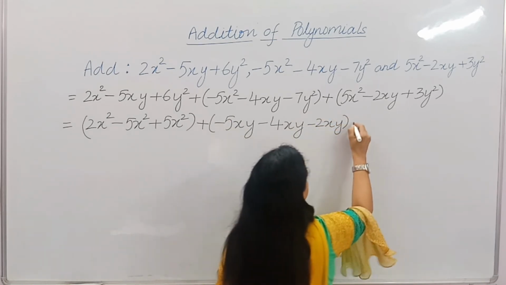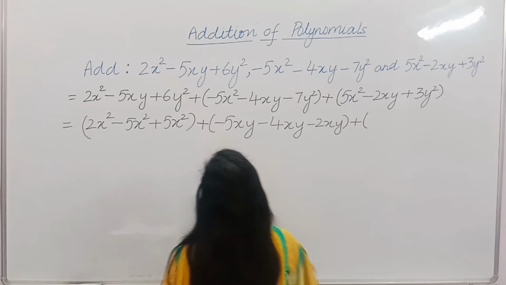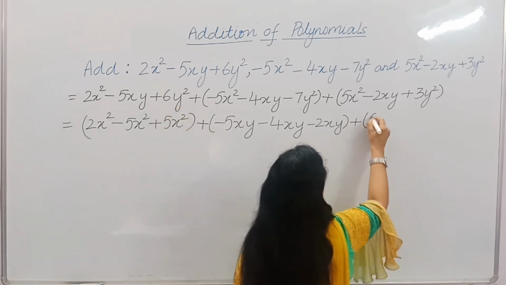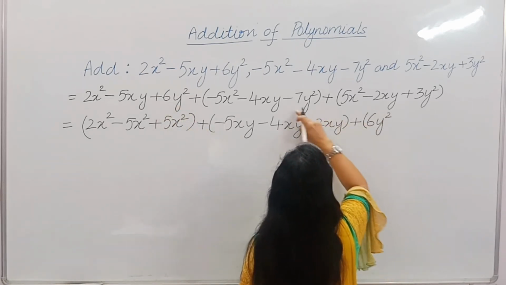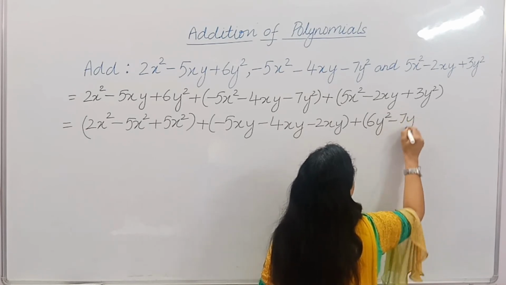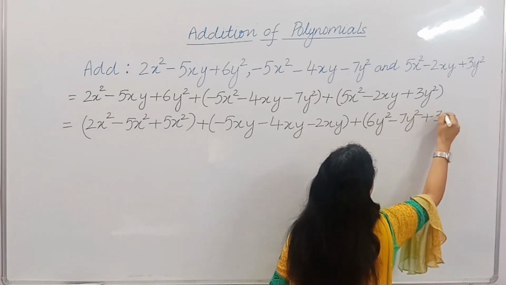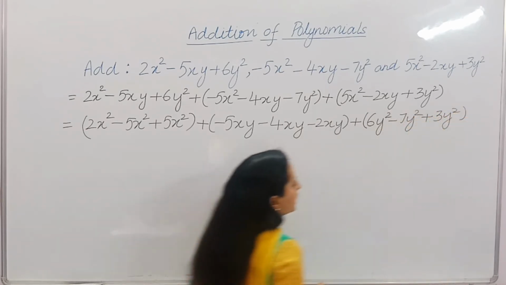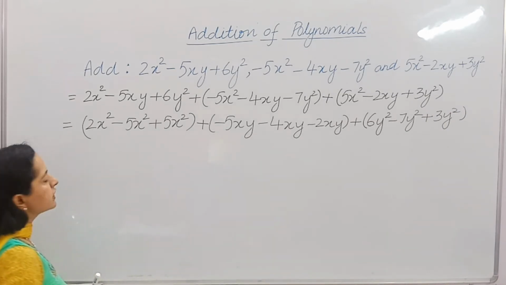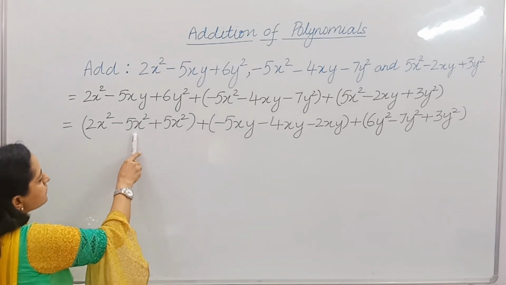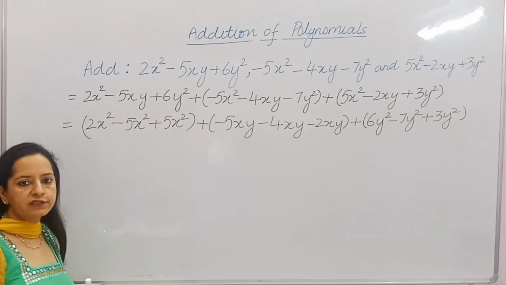And putting the terms with y square together. So I have got here plus 6y square, here minus 7y square and plus 3y square. Now in this case, I have got here minus 5x square and plus 5x square.